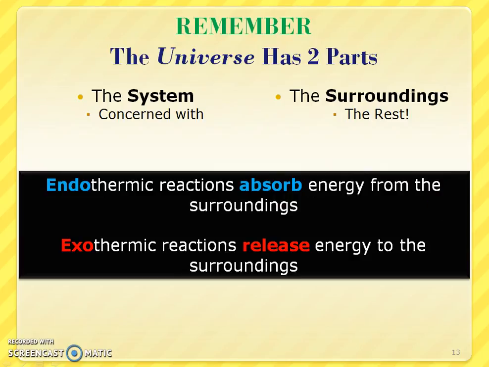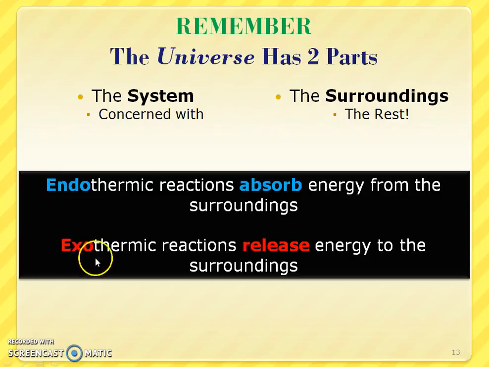If you take the ice pack, which is normally at room temperature, and you break it a little bit to get the reaction going on the inside, two solutions are mixing together and now it feels cold. The reason it feels cold is because the reactants inside, in order to form products, have to absorb enough heat energy from the surroundings. And it's really the surroundings that we touch that we can feel the cold.